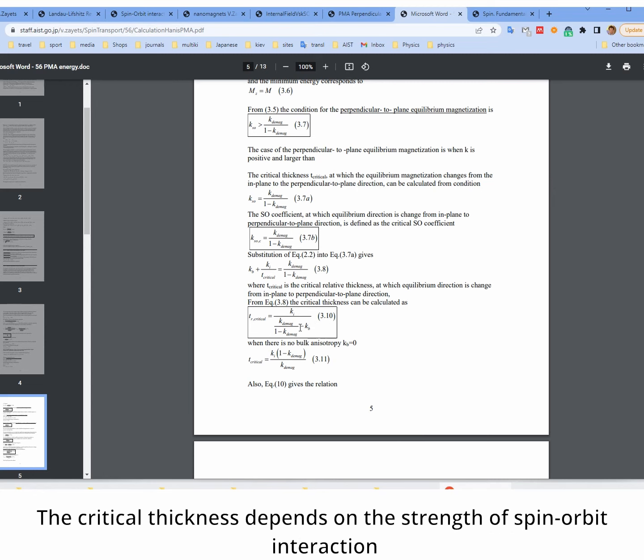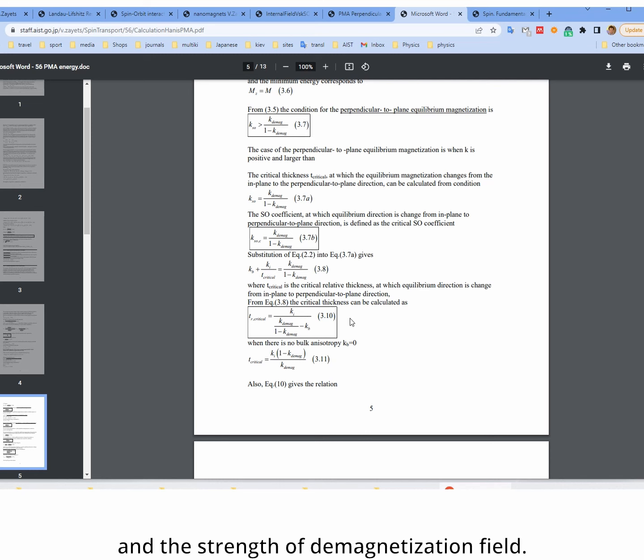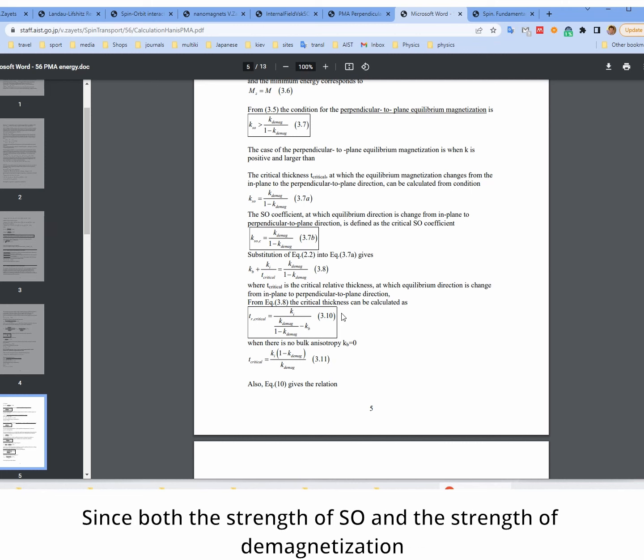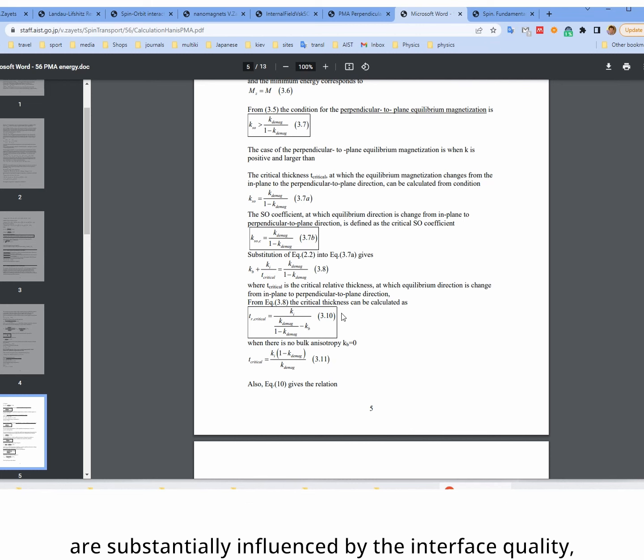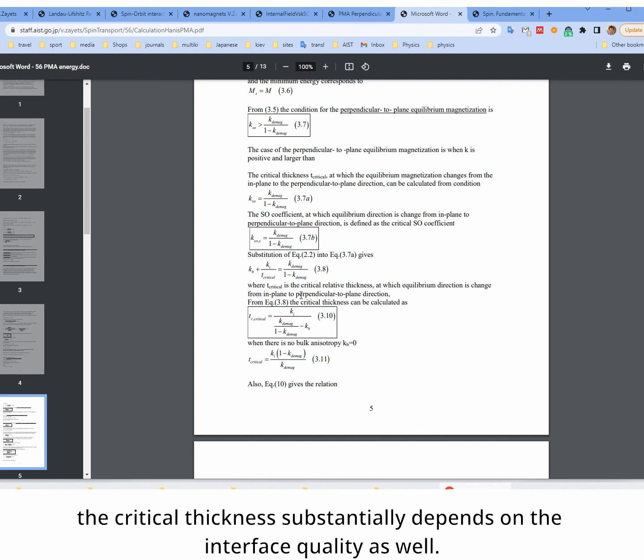The critical thickness depends on the strength of the spin-orbit interaction and the strength of the demagnetization. Since both the strength of spin-orbit interaction and the strength of demagnetization are substantially influenced by the interface quality, the critical thickness substantially depends on interface quality as well.